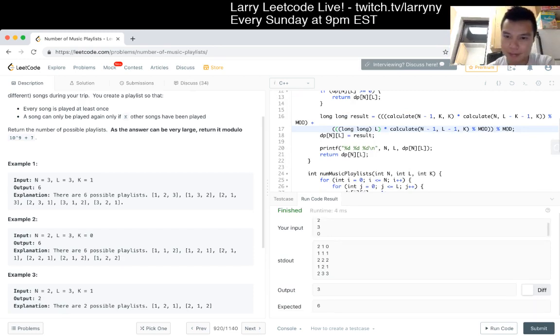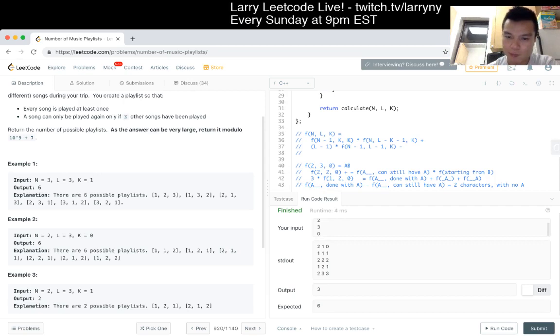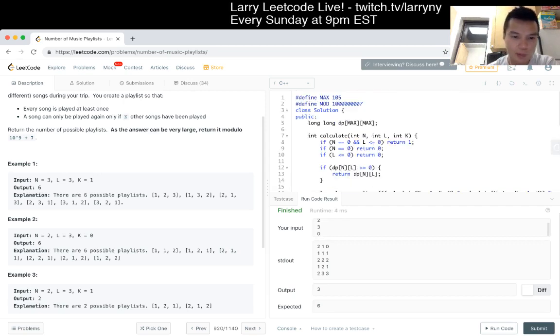Okay. So this should be 0, which is true. This is 1, which is also fine. 2, 2 is 2. Yeah, okay, that's true. It's 1, 2, and 2, 1.